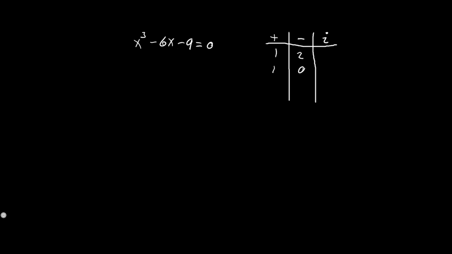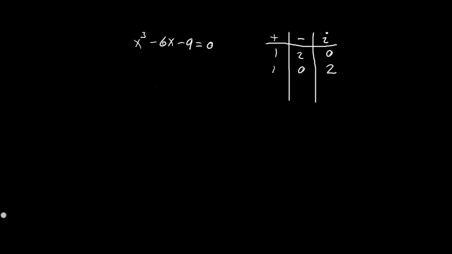And since we have the top being 1 and 2, and we have a cubic, we could have a total of 3 solutions. So this is already giving us 0 complex, and for our second row, we get that we have 2 complex solutions. So which of these do you think is correct? The first row or the second row? Let's go ahead and find out.